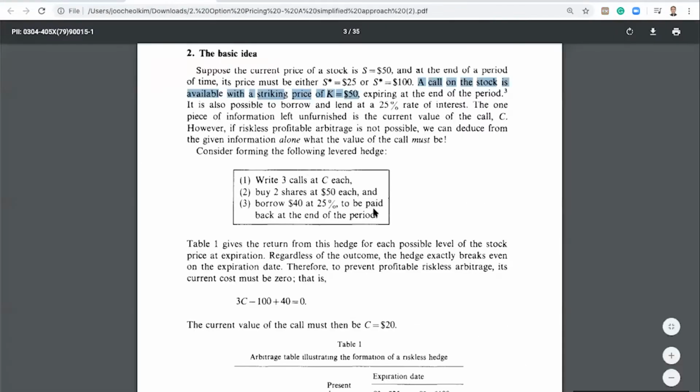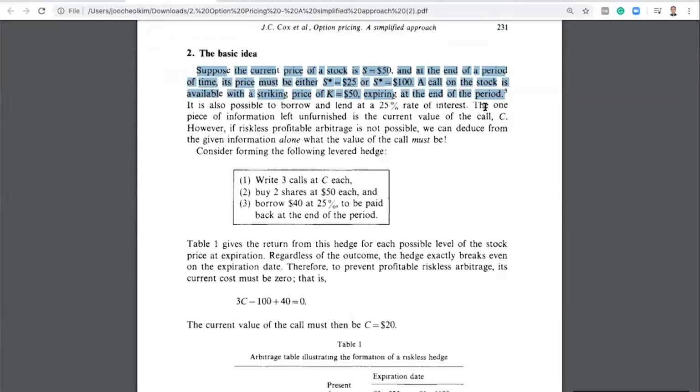Now go back to the paper again. The first sentence is talking about the stock, and the second sentence says there is a call option whose underlying asset is the mentioned stock price.